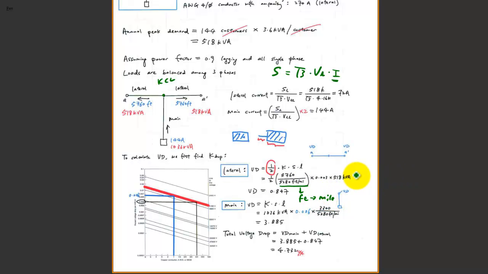Because we need a consistent unit in this K factor. If you look at the unit carefully, the K factor is actually per mile. So the conversion is very important. And then this is the S value, right? So K times S times L.